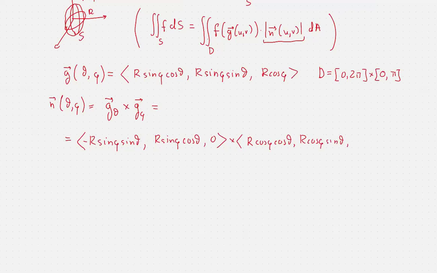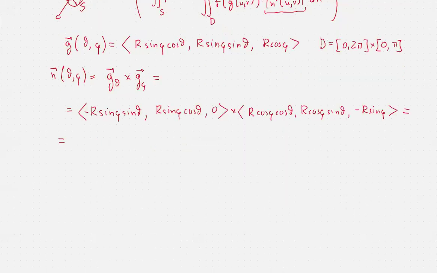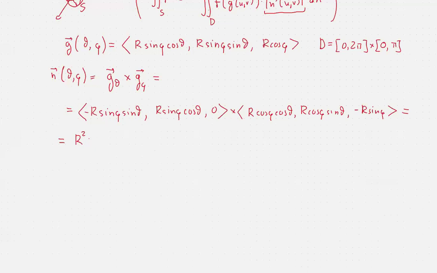Now, before we take the cross product, it might be a good idea to factor out as much as we can. What we can factor out is an r from the first vector, also an r from the second vector, so an r squared altogether, and the sine phi from also the first vector. So what we need to take the cross product of is simply minus sine theta, cosine theta, 0, cross with cosine phi cosine theta, cosine phi sine theta, and then minus sine phi.